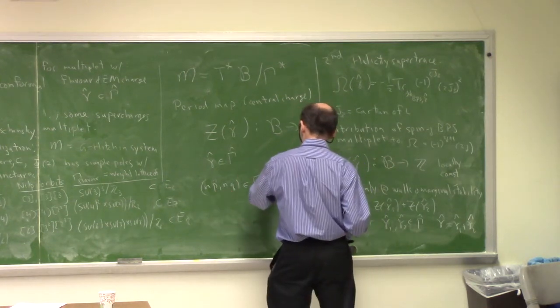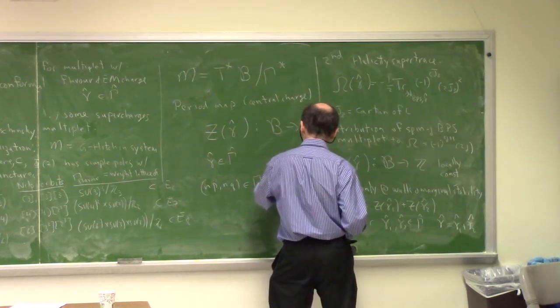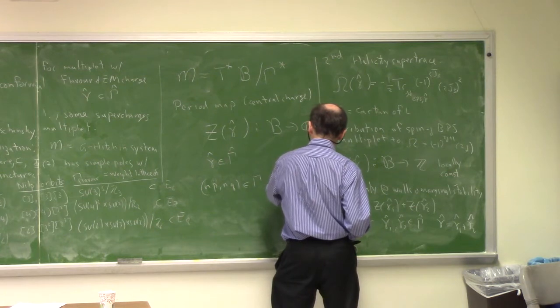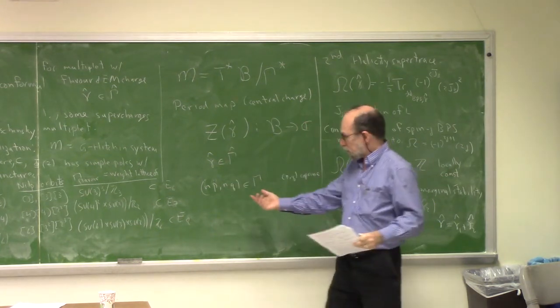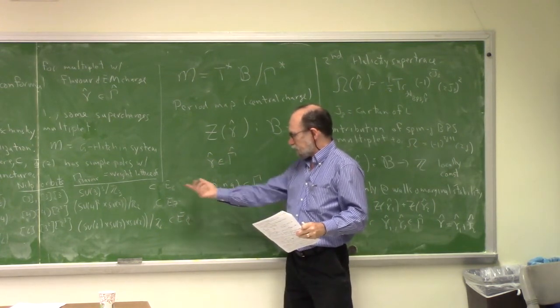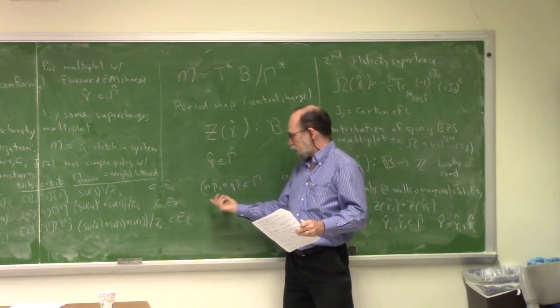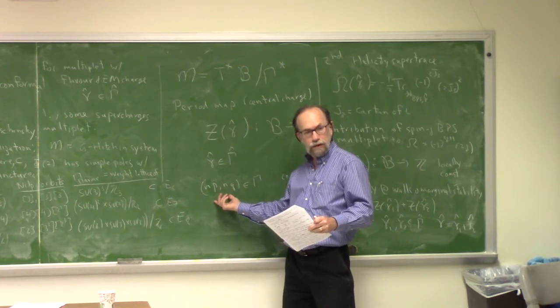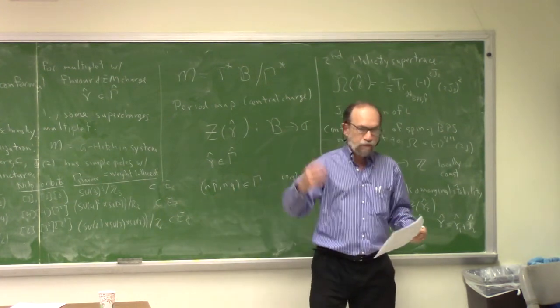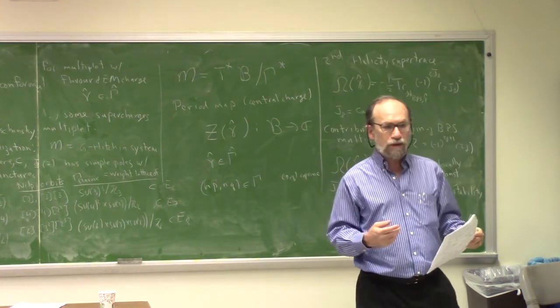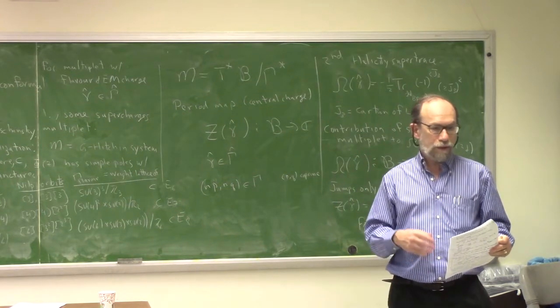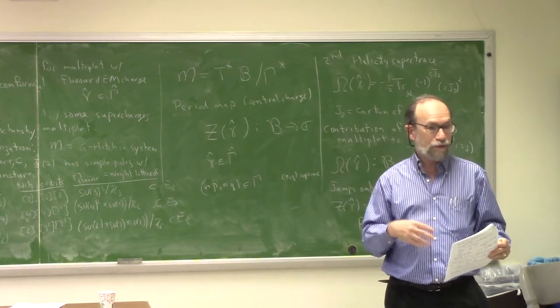Here I've done things so that P and Q are co-prime. That defines what I mean by N. Given a representation of E6, E7, or E8, and an electromagnetic charge, how many spin J BPS multiplets are there? Now I don't need to say where I am on the Coulomb branch.